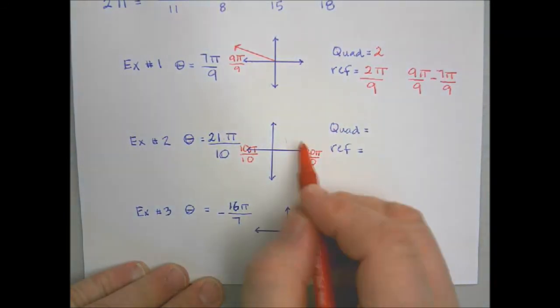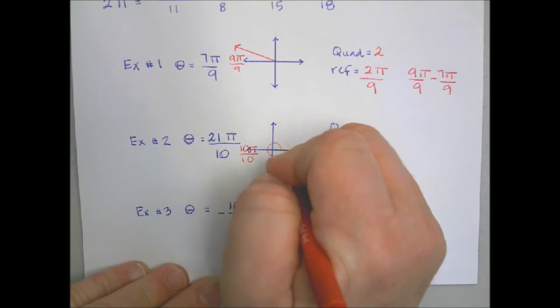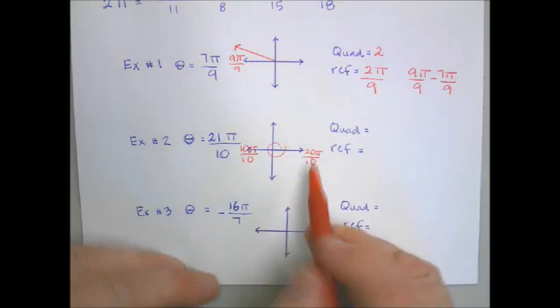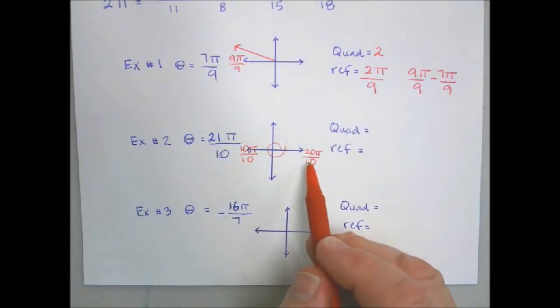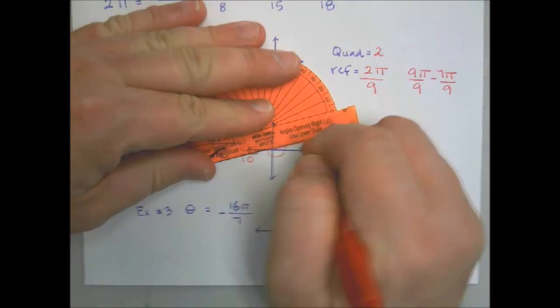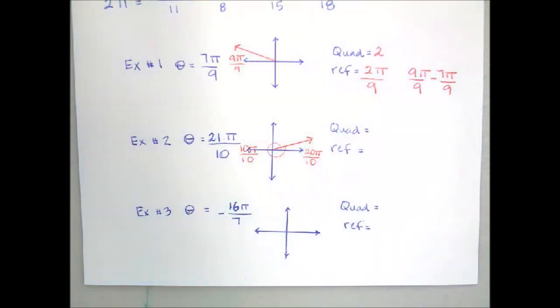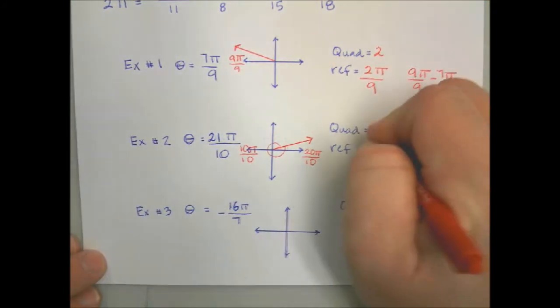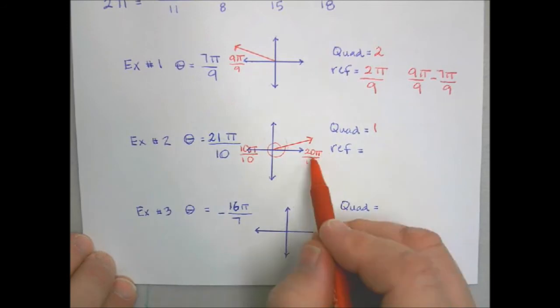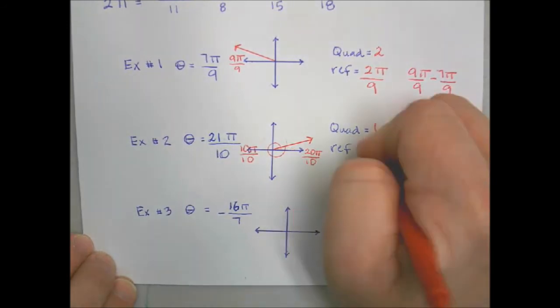And then we even went a little bit more after that. So what we did was we went all the way around and then we made it a little bit past 20 pi over 10 to get to 21 pi over 10. So there I am. I'm in quadrant 1 and my reference angle is 1 pi over 10.